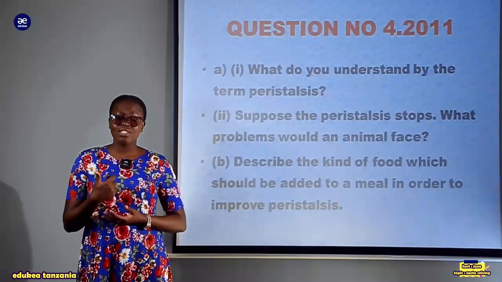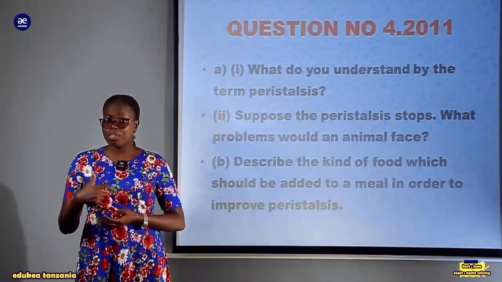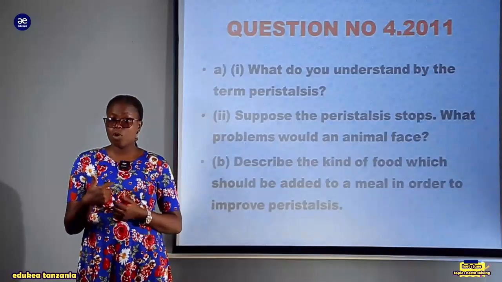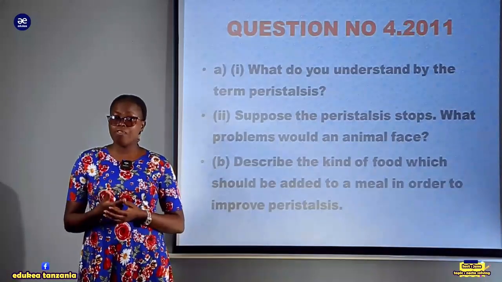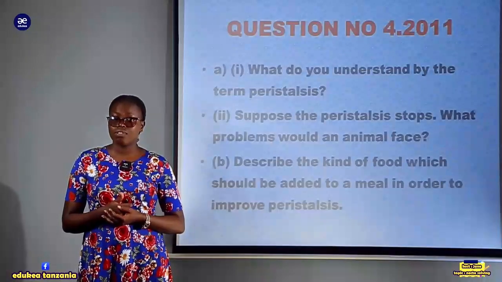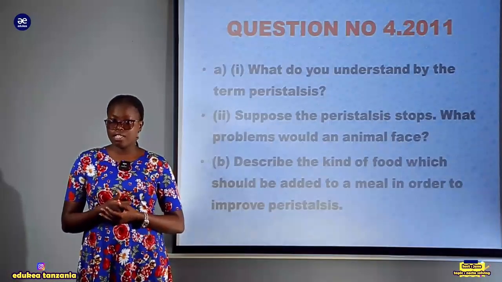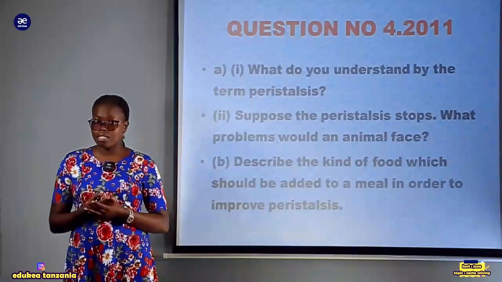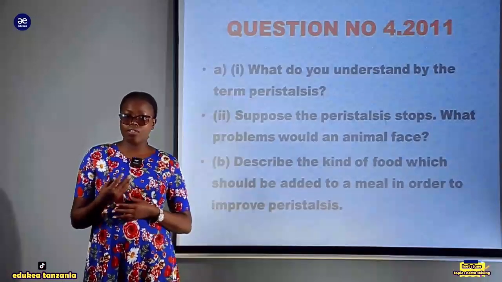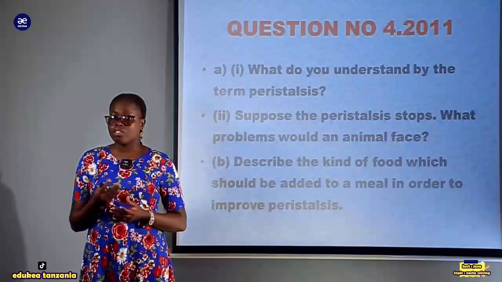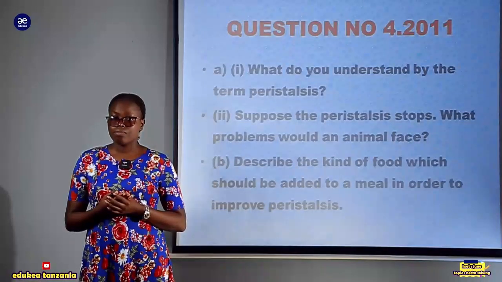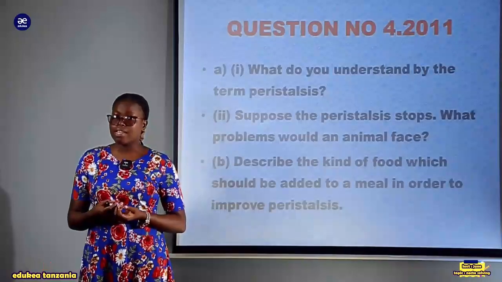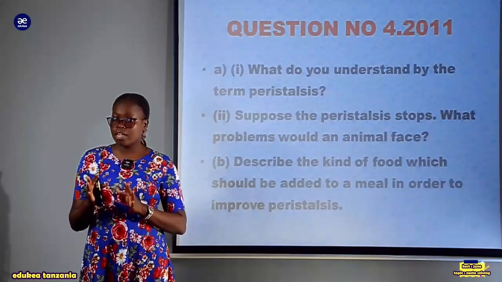Baada ya pale, chakula ukishakitafuna, unapokimeza kinapita katika koo la hewa, trachea, na within that kunakuwa na esophagus, which is made up of cartilage, ili kuweza kuensure kwamba haiwezi kubasti from the increase of the pressure. So once the food passes into the esophagus, it tends to form a wave-like motion.